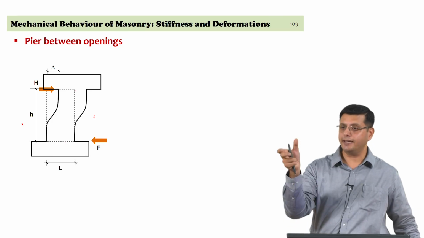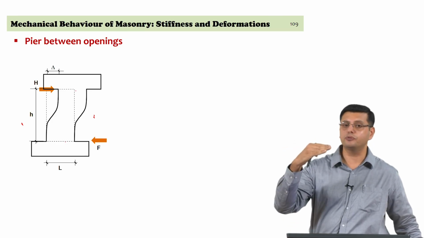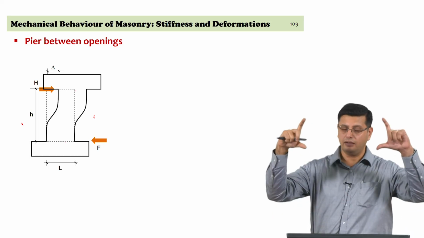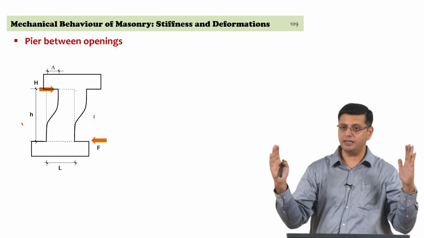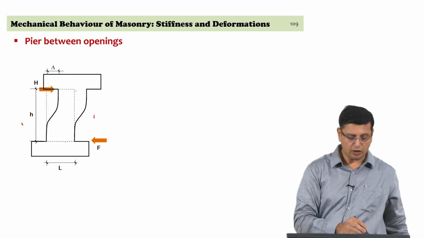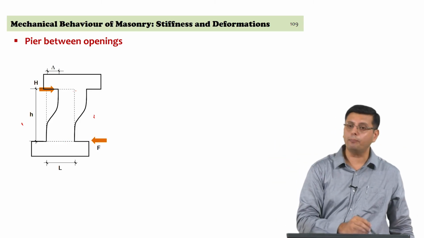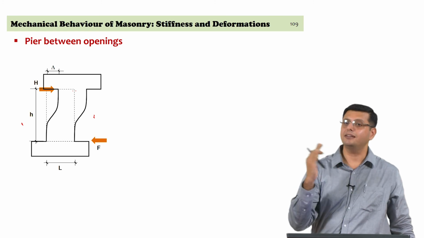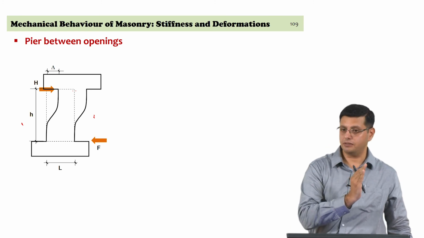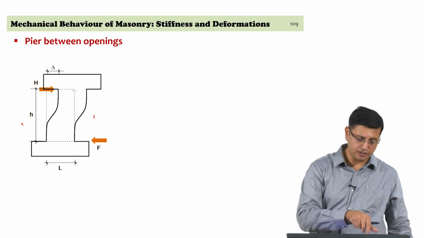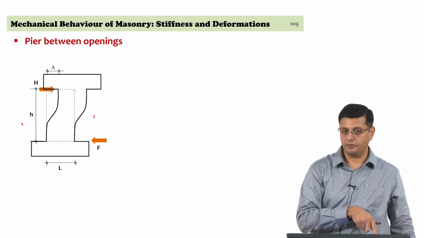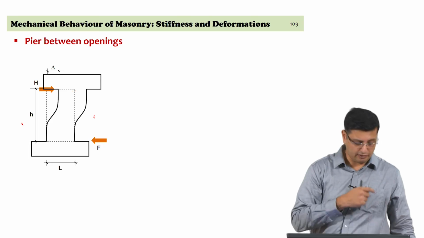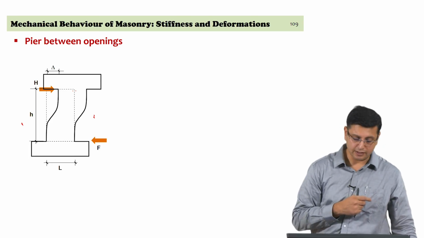Earlier, you had a cantilever deformation profile, where the top was free to rotate, but when you have a spandrel which is significant in its geometry and strong, then what it can do to the top of the pier is prevent the rotations. Prevention of rotations would mean the pier is subjected to double bending now, and therefore, the estimate of lateral stiffness will change.